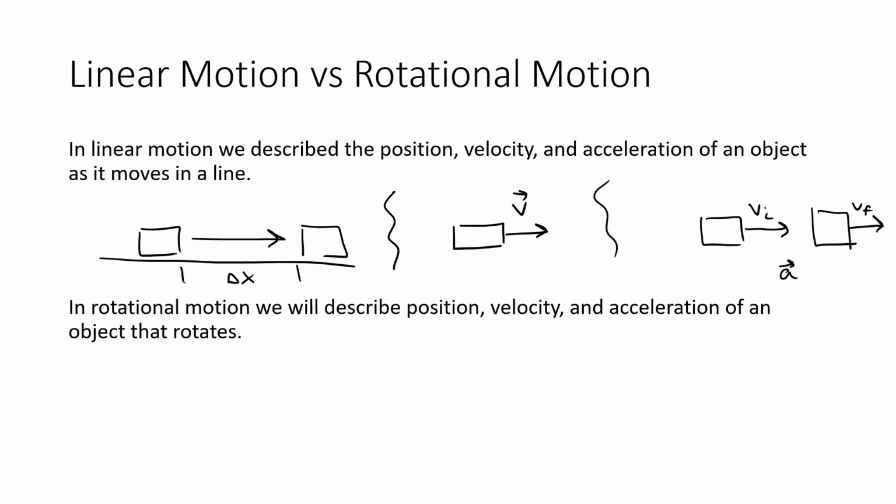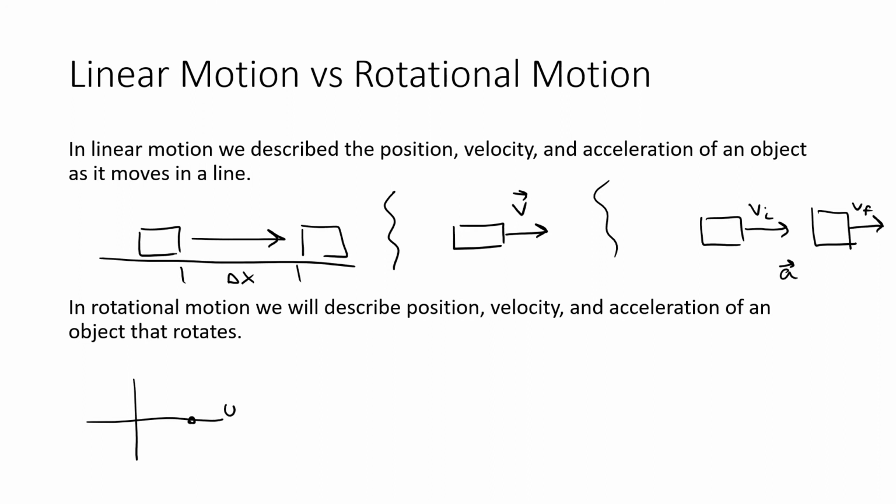Same setup, same premise, but with things that rotate. So starting out, typically we will always start measuring an object's angular position, angular displacement, from the right side of the grid.